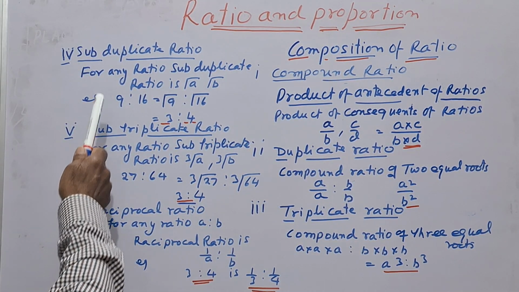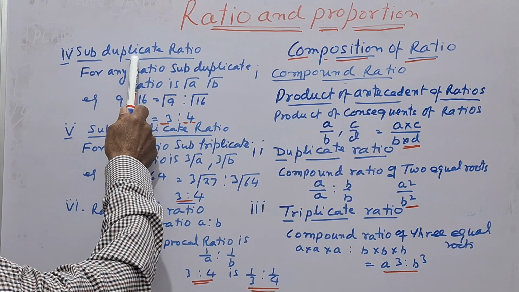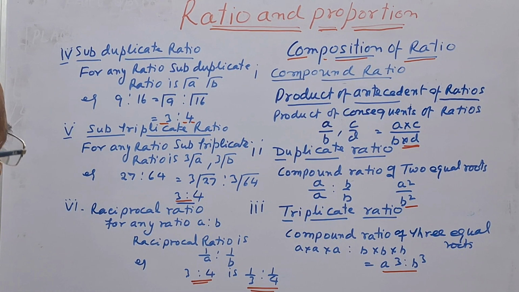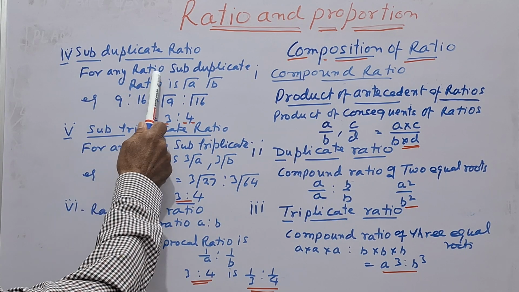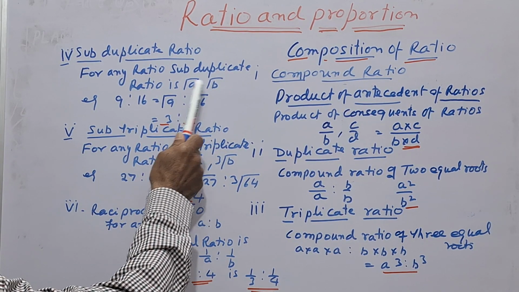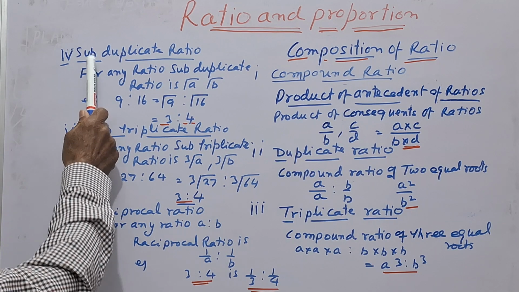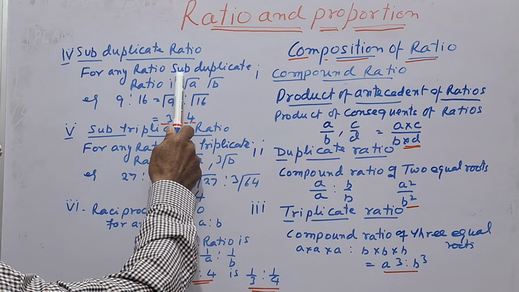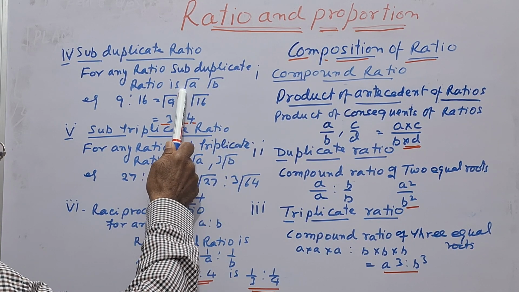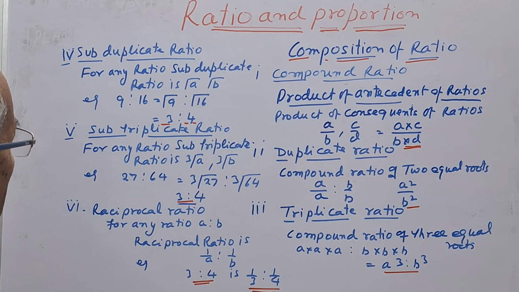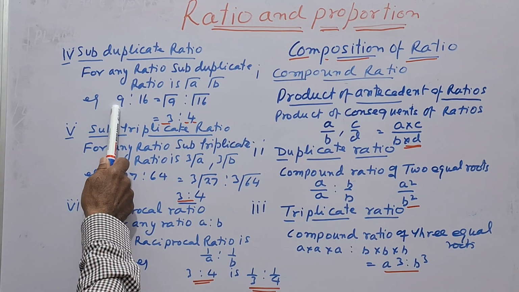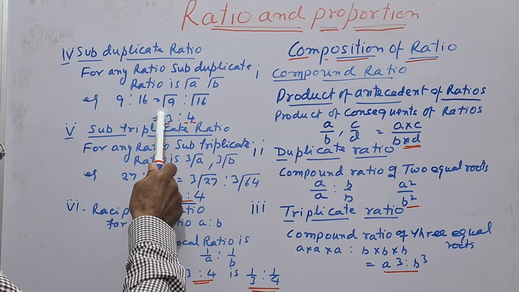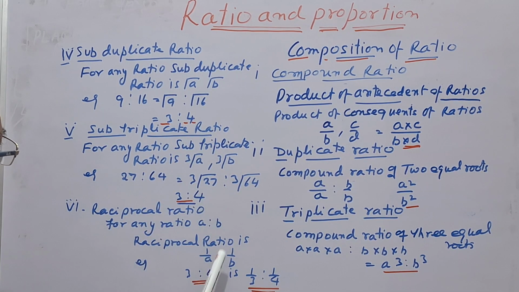Now come to the sub-duplicate ratio. Sub-duplicate ratio means the square root value. So for any ratio A:B, the sub-duplicate ratio is under root A to under root B. For example, 9:16 can be written in the form of under root 9 to under root 16.